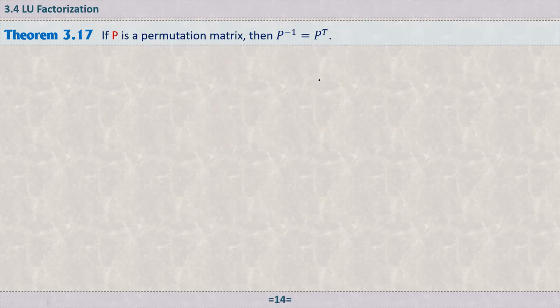And why is it so? To show this, since P inverse equals P transpose, we have to show that P transpose times P is equal to I. But the ith row of P transpose is the same as the ith column of P, because that's what transpose means.